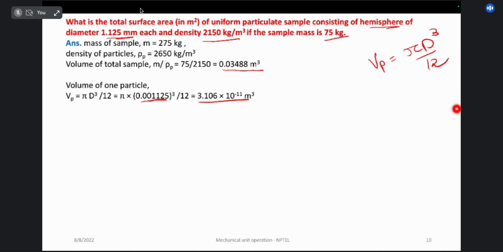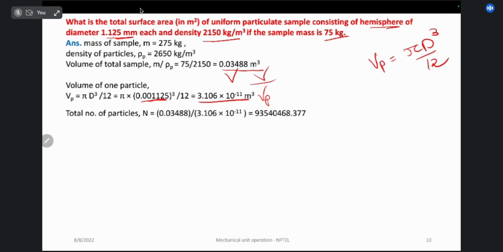But now we need to consider how many particles there are. For the total number of particles, we do the simple calculation of total volume divided by volume of one particle. If you do that, you will get the number of particles around 9 crore 35 lakh 40,000.